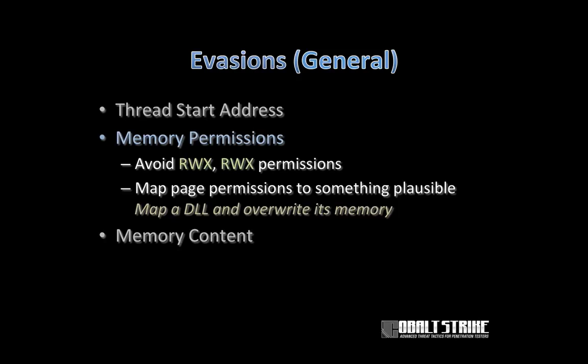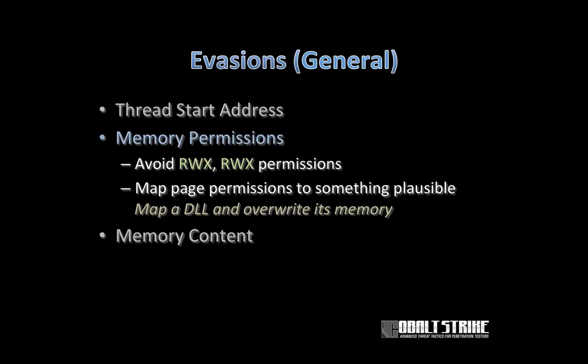What about memory permissions? RWX permissions do occur in limited amounts of legitimate use. But remember, the observable properties of memory permissions include the initial state of the memory and the current state. And initial RWX permissions and current RWX permissions are a big indicator.